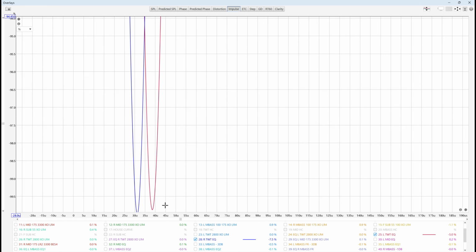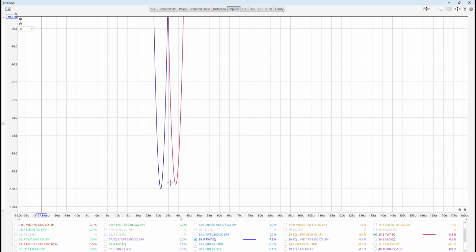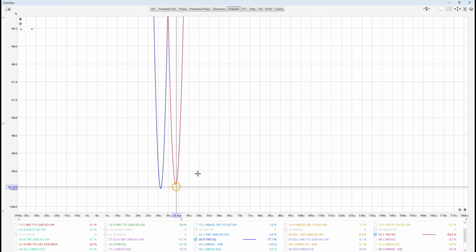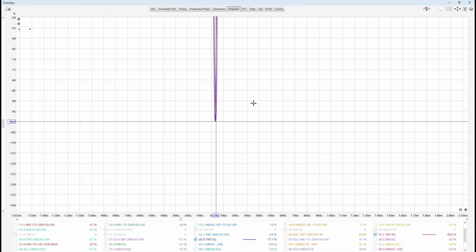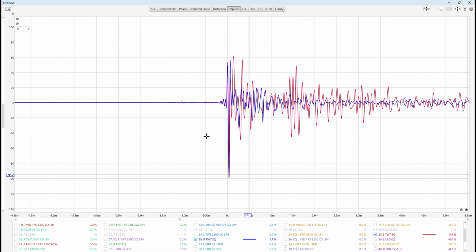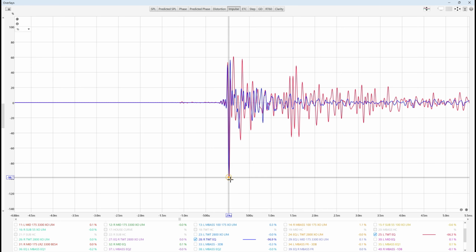I mean, we can zoom in to a crazy level, right? They're not 100% there. We could move this another 10 microseconds or something. But that's what you're looking for, the peaks of the impulse response to be lined up. So that is a quick rundown on the science of time alignment.